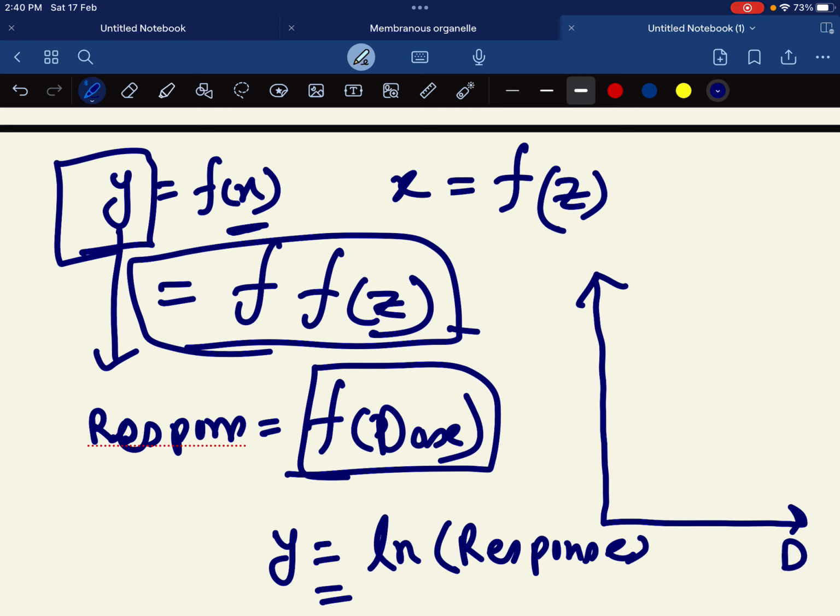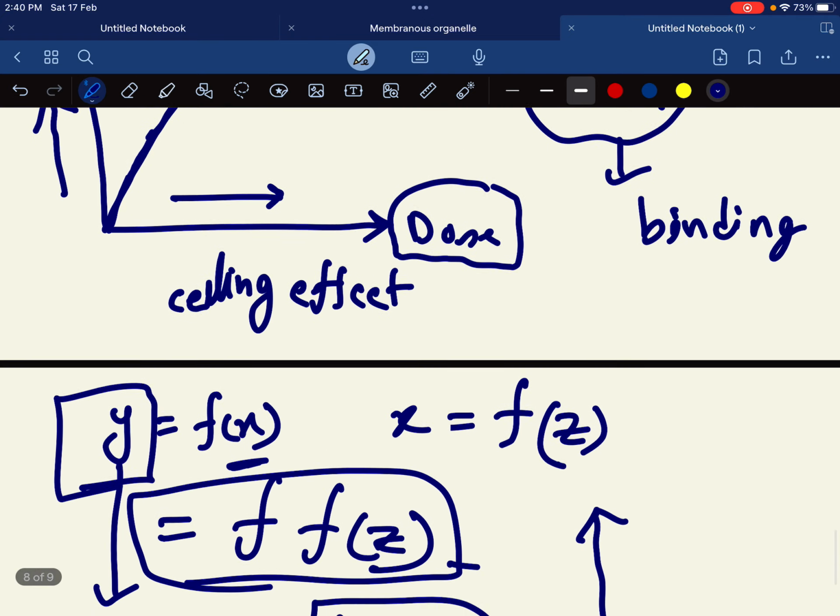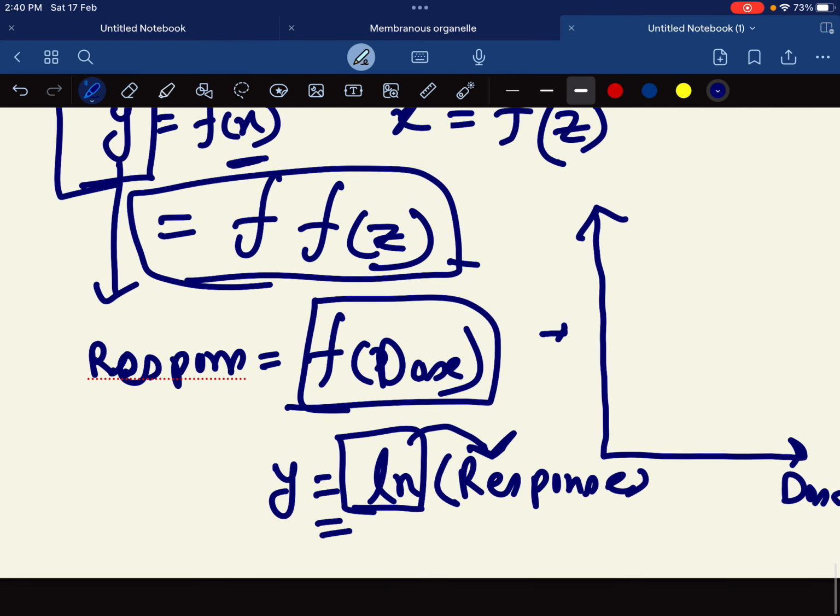That means when you plot the dose in the x-axis and you take the logarithm of the response and plot it in the y-axis, then there will be your logarithmic expression of the drug response curve.